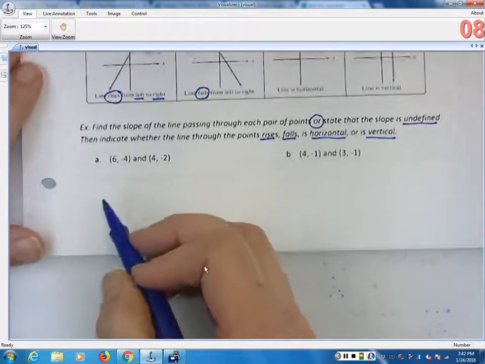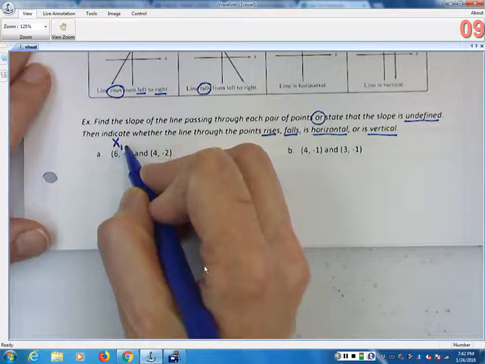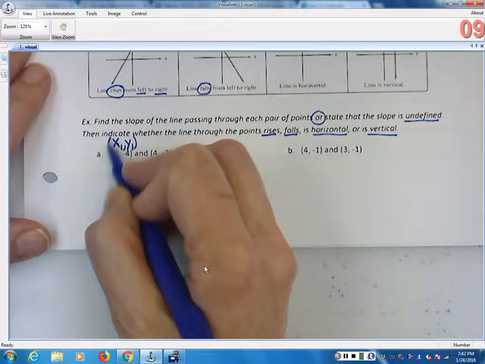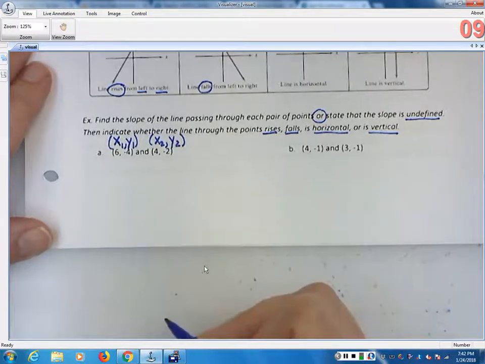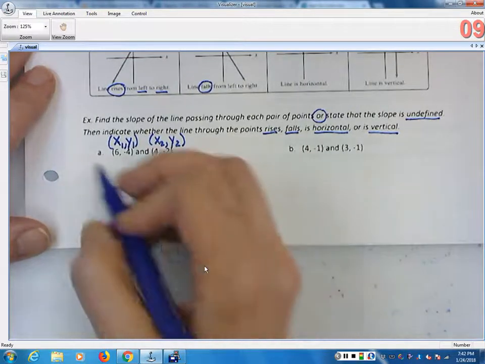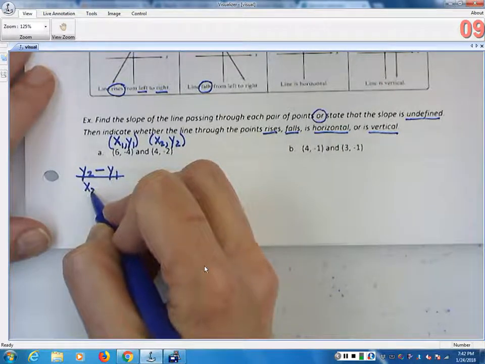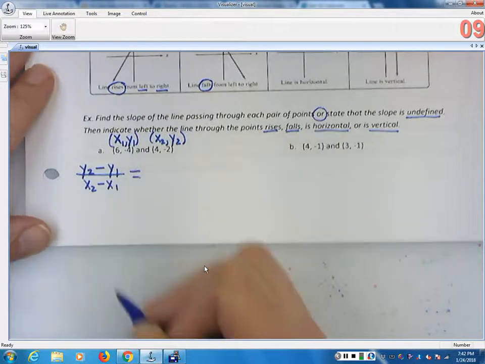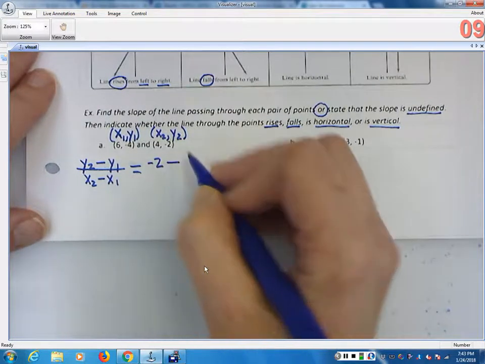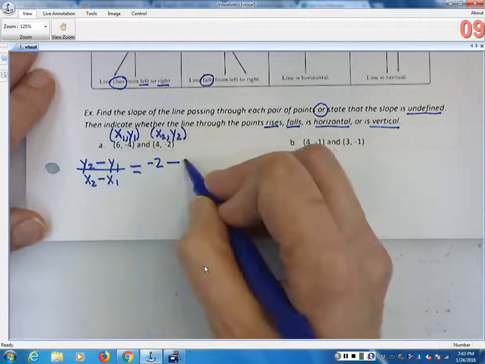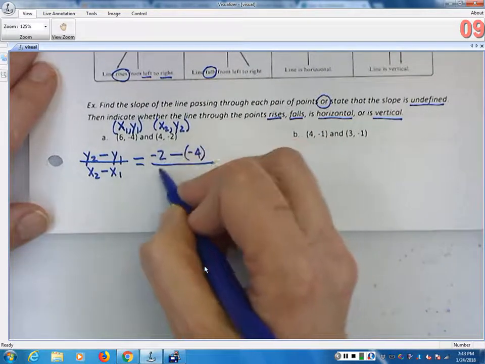Okay, so good math is to go ahead and write your formula down. Label your points as x1, y1, x2, y2. Remember they're ordered pairs, x comma y. And the formula is y2 minus y1 over x2 minus x1 is -2. Bring the minus sign over. Minus -4, all over 4 minus 6.